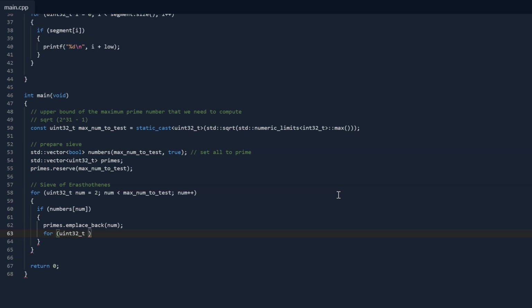So let's call it multiple. It starts from 2 times num. It goes up to the size of our array, and we increment multiple by num.